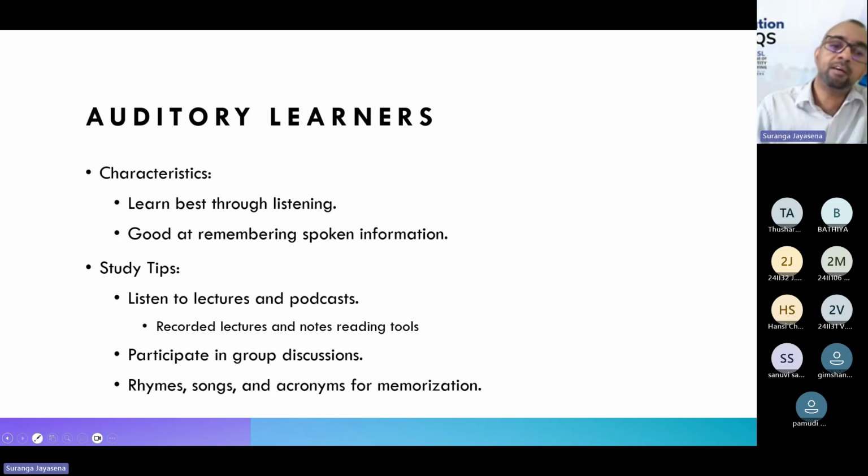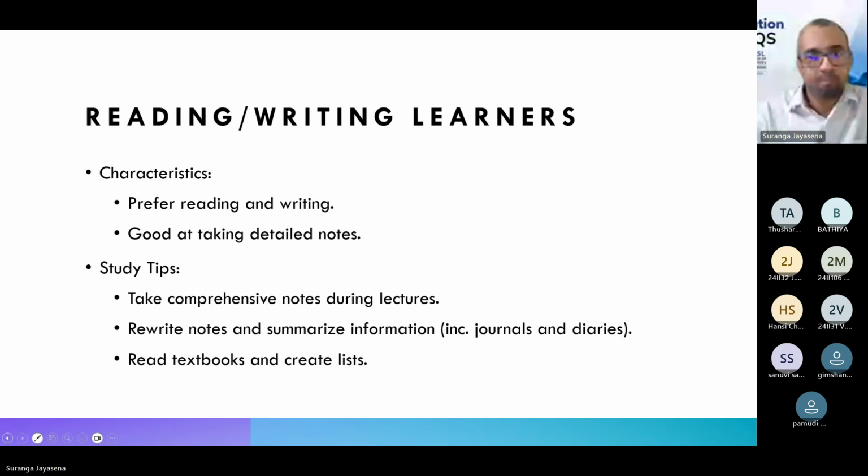Okay, then there are reading and writing learners. So for them, they read and write. Basically, sometimes they just copy from here to there. You may have done this, right? Sometimes read, remember, and write back.